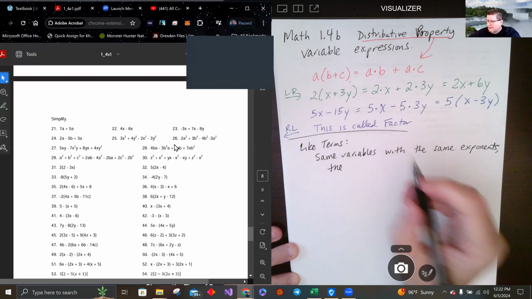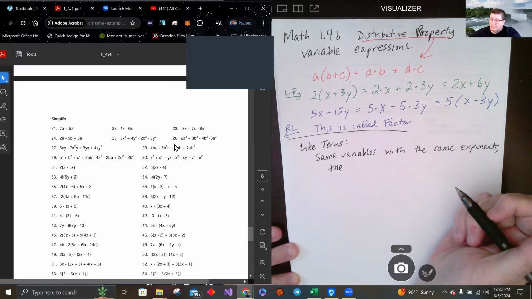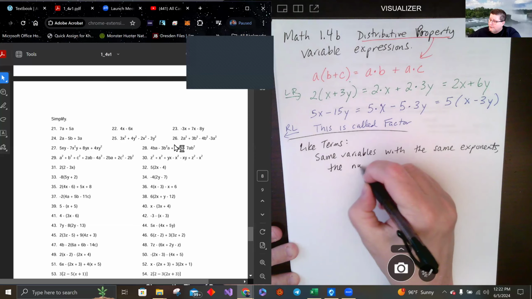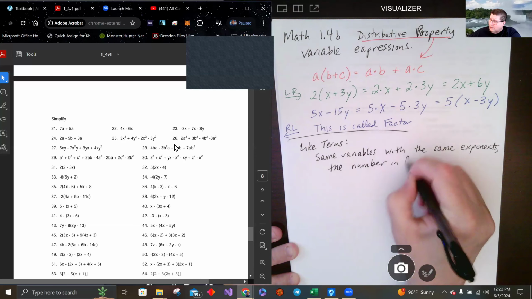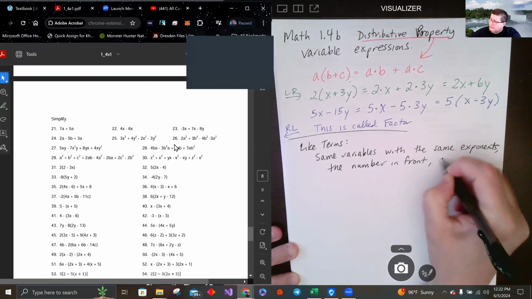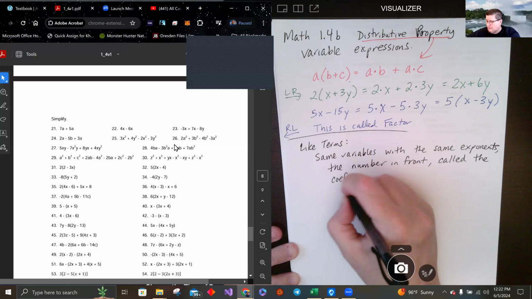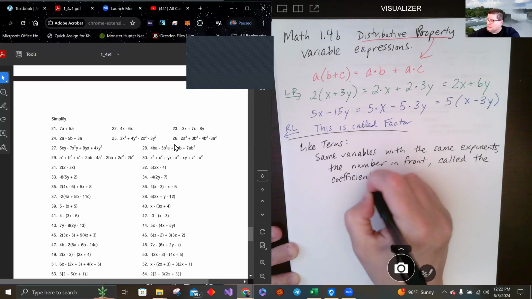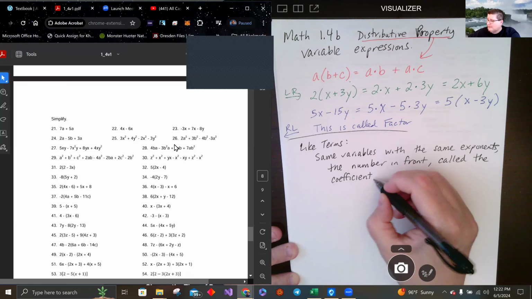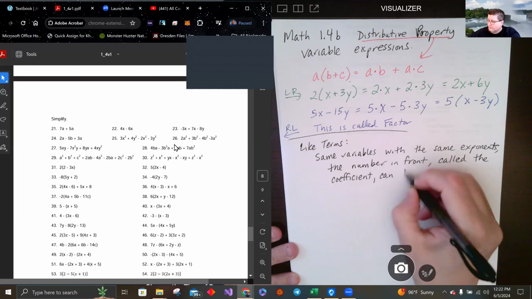The number in front, I don't know if I told you earlier, the number in front, called the coefficient, can be different.